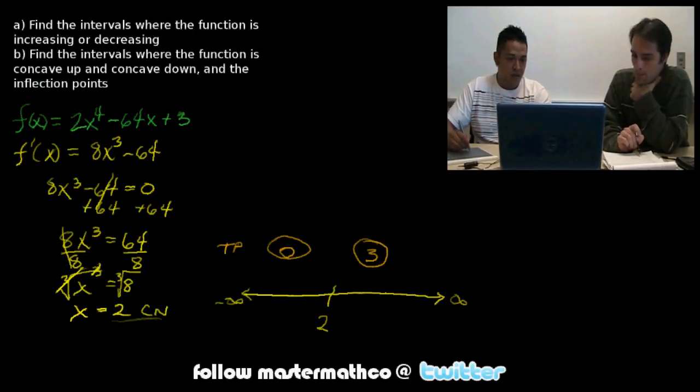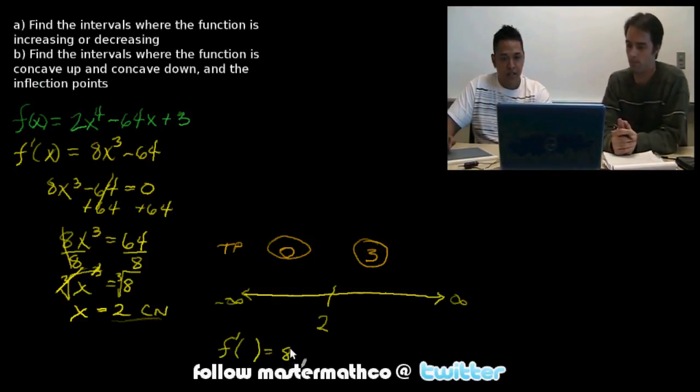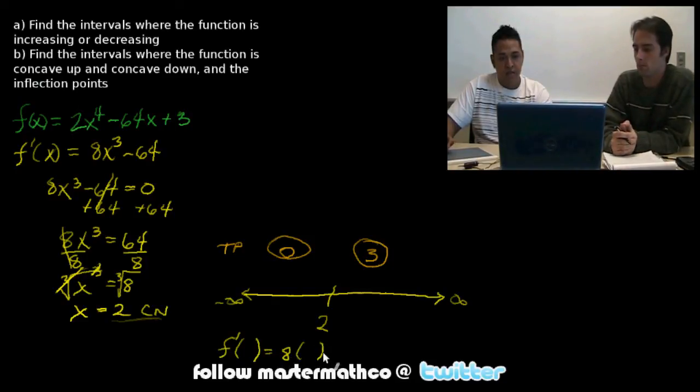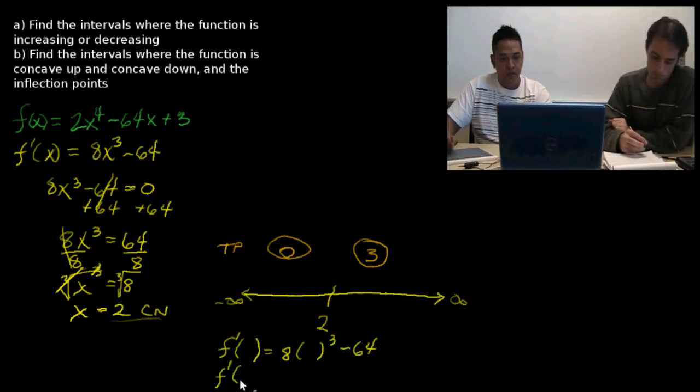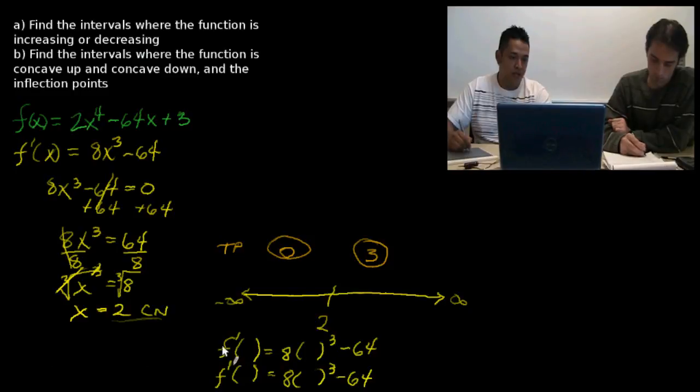So we're going to have f prime of some number, which is going to be in orange, 8 times our test point cubed minus 64. And we're going to do that twice, once for our first test point and once for our second test point.